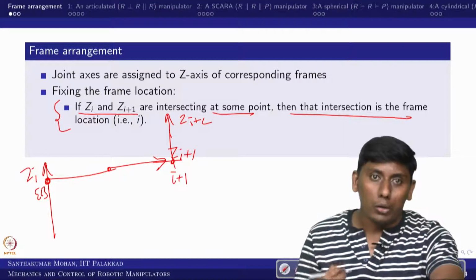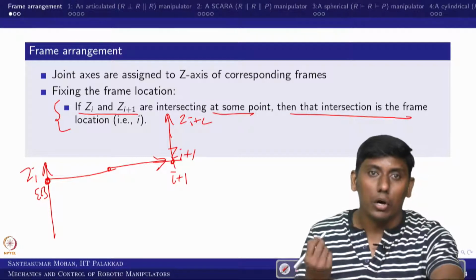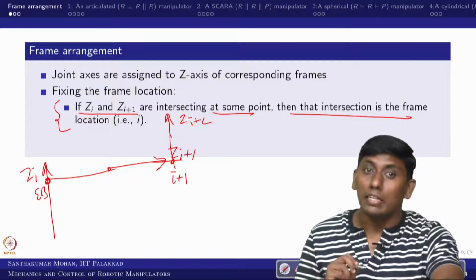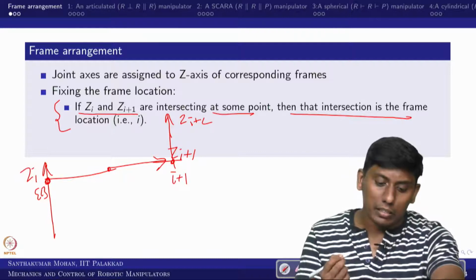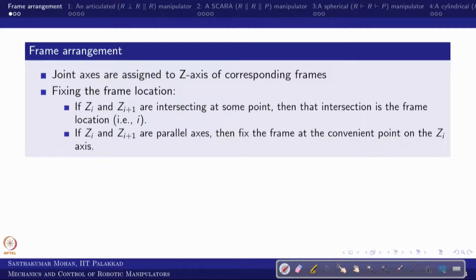If these two are neither intersecting nor parallel, or if they are simply parallel, how can we fix it? For those we need to go to some other cases. If they are neither intersecting nor parallel, then we have to use some kind of virtual frames. However, if they are parallel, then the frame can be fixed at a convenient point on the zi axis.